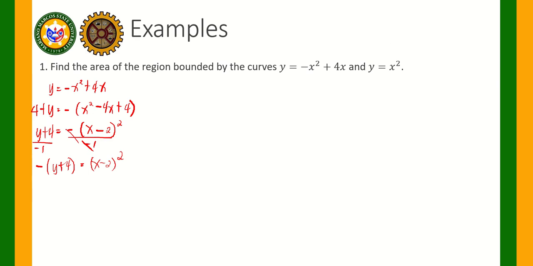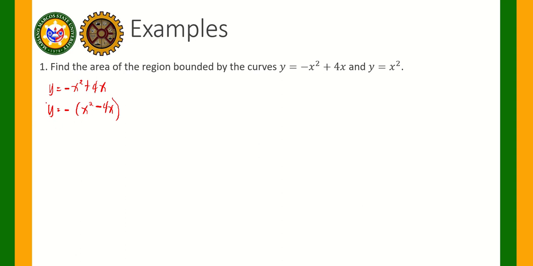Okay? So, gawin natin is distribute natin si negative dito. Okay, so ulitin natin yung ating completing the square. So, ito. Now, we eliminate si negative dito.